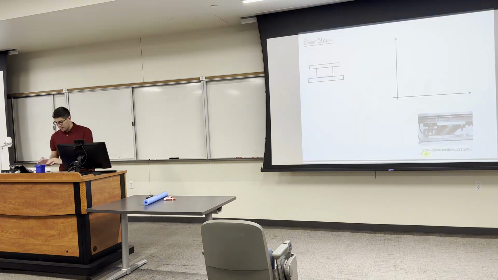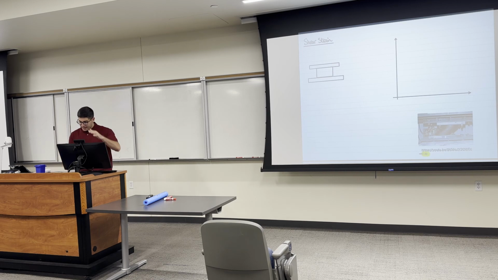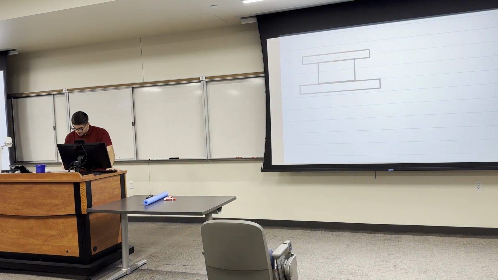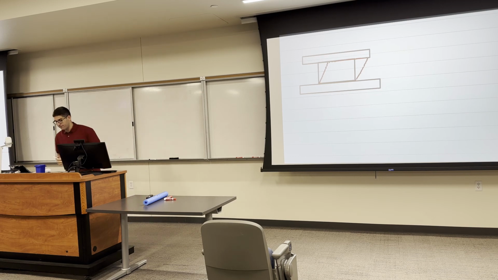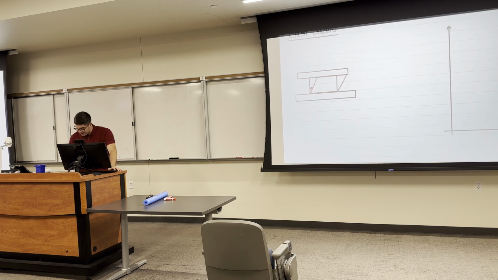So let's go here, and this is the bearing. As you can see, when we apply a force, like the earthquake force, which is horizontal, this bearing is going to move like this, right? It's not moving up or down, it's instead moving right and left. Okay, and this angle here, we have this angle.